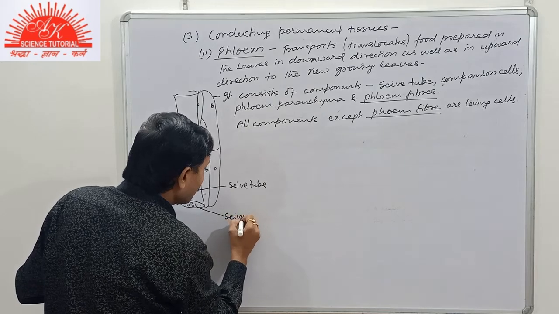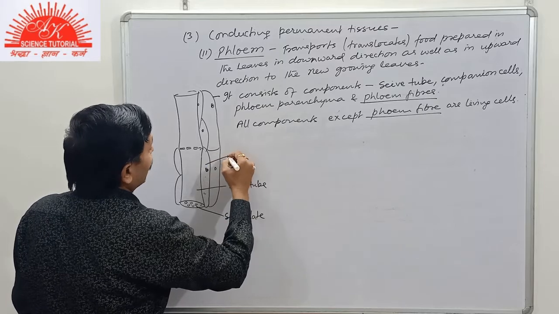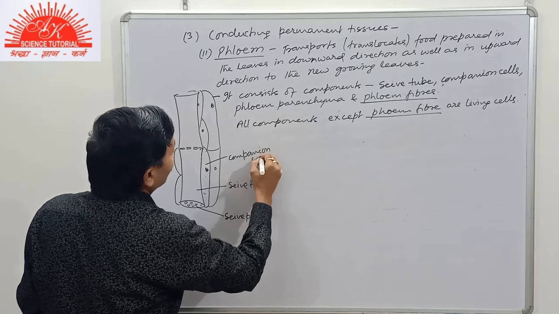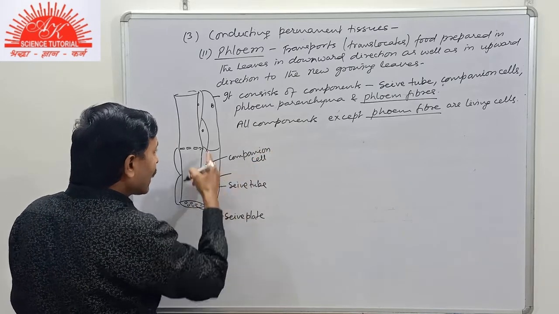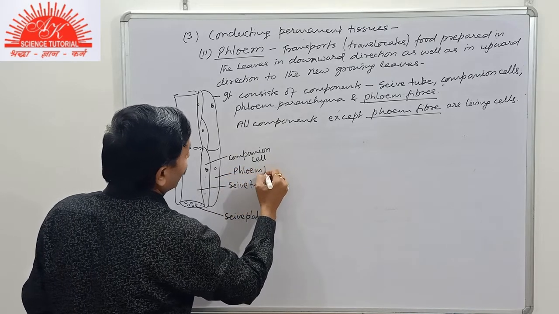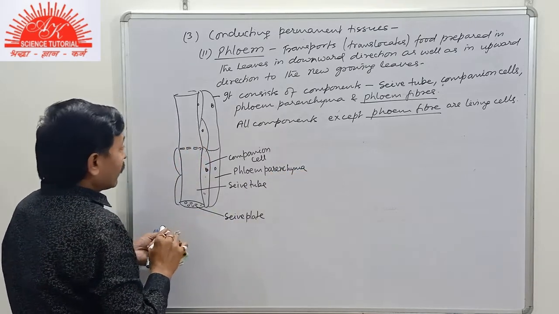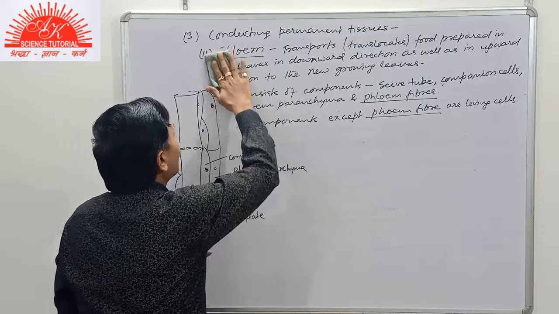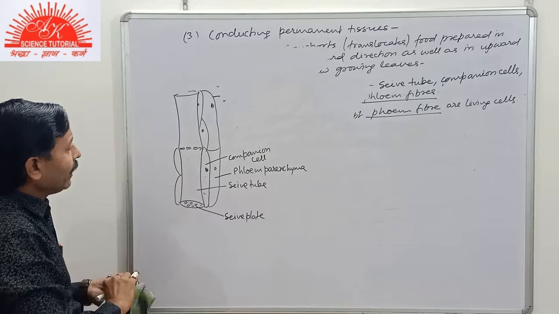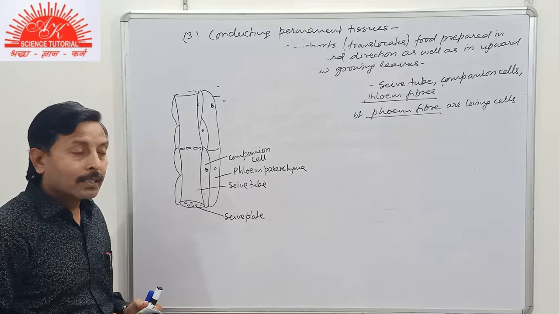This is called the sieve plate. Now this is the companion cell, and this outer one is the phloem parenchyma. So these are the different components present, and phloem fiber will be along its walls that will provide mechanical support.